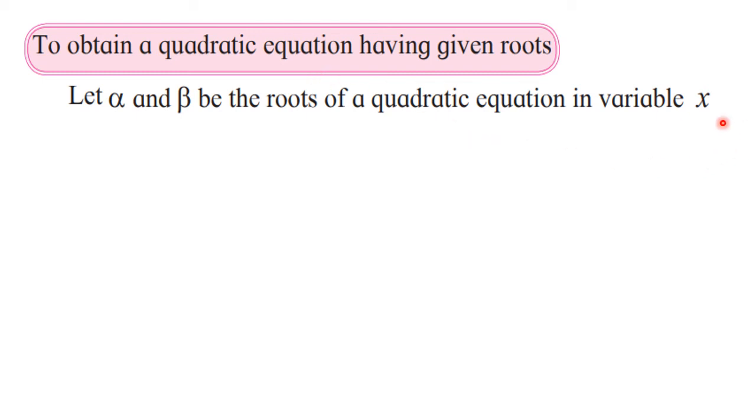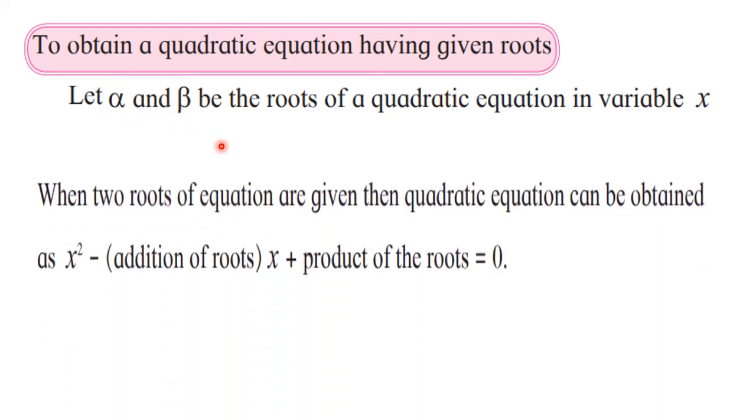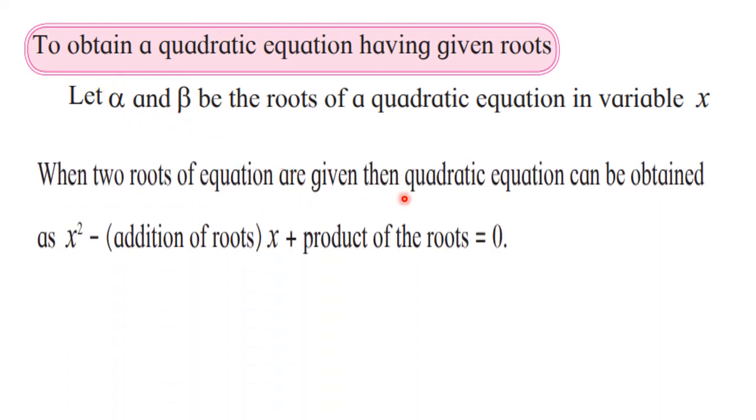So generally we are going to write that equation in variable x only. So if we know the two roots, then the equation we can get by using this formula. Okay. So the formula is x square minus addition of the roots multiplied by x plus product of the roots is equal to 0.